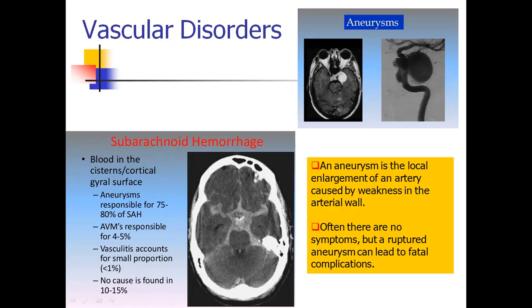Aneurysms. Pathology. Aneurysms are local enlargements of blood vessels, of arteries, caused by weakness in the arterial wall.